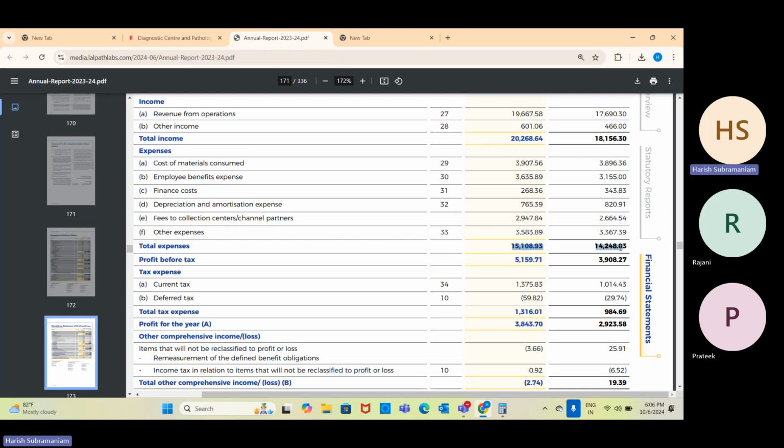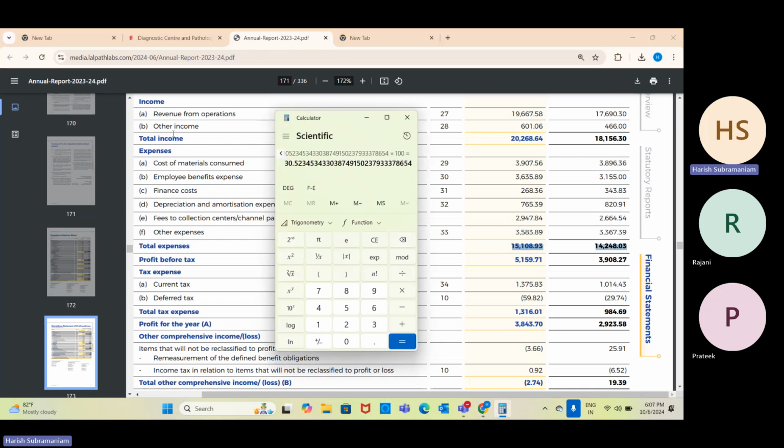So why would that happen? That would happen because expenses are not growing fast. The company is getting more revenue, but expense wise, it is not spending as much money. And therefore, its profitability will logically be higher. So let's calculate the expenses and see how much it has gone up by.